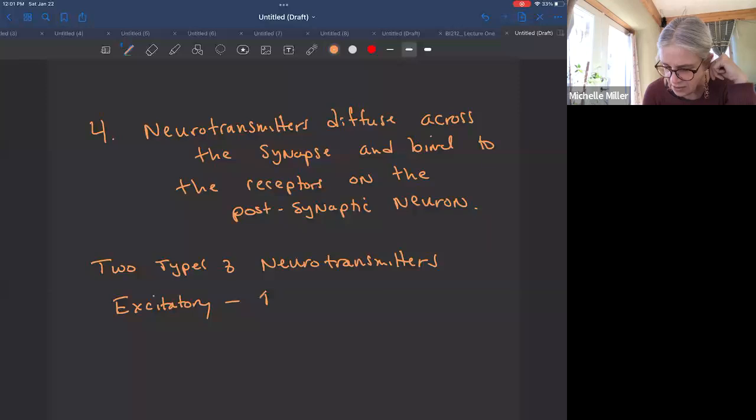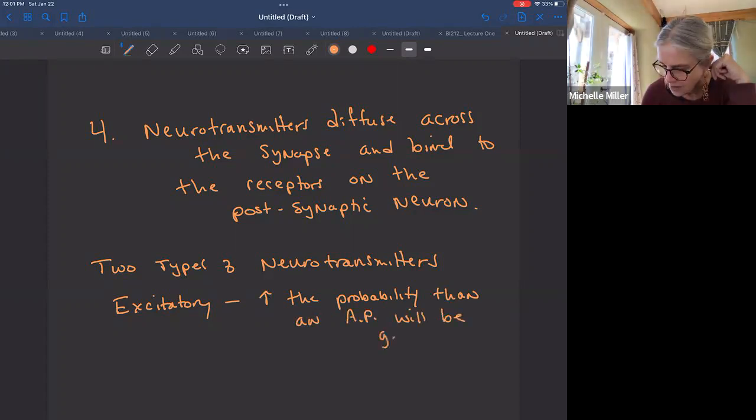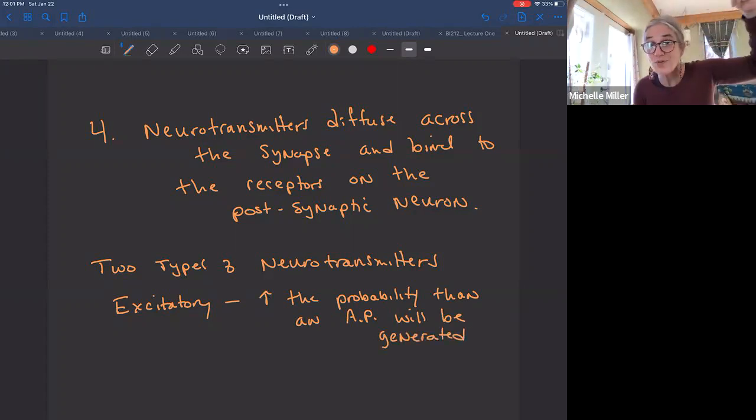So this increases the probability that an action potential will be generated. So it moves that membrane potential towards the threshold.